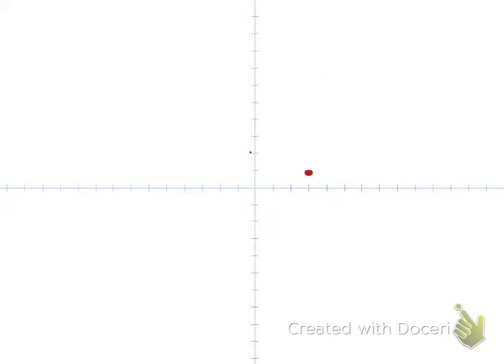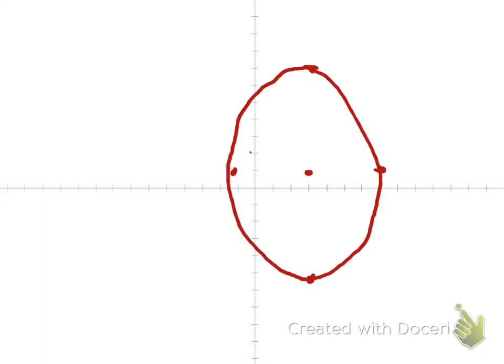Okay, so here's 3, 1. If I go up 6, I count 1, 2, 3, 4, 5, 6, I'm there. I go down 6, I end up there. If I go to the left 4, I'm there, and to the right 4, I'm there. Connect those and figure out those points.